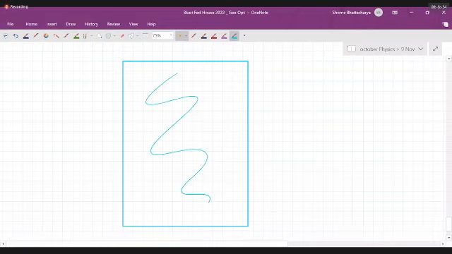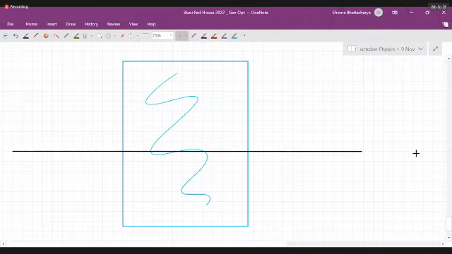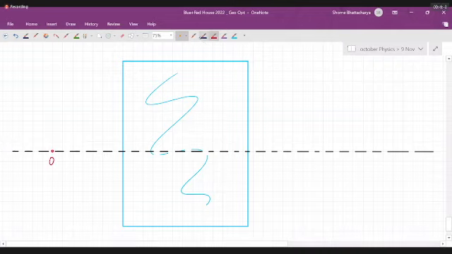Okay, so let's look at the two phenomena individually now. Let's say this was a point object.